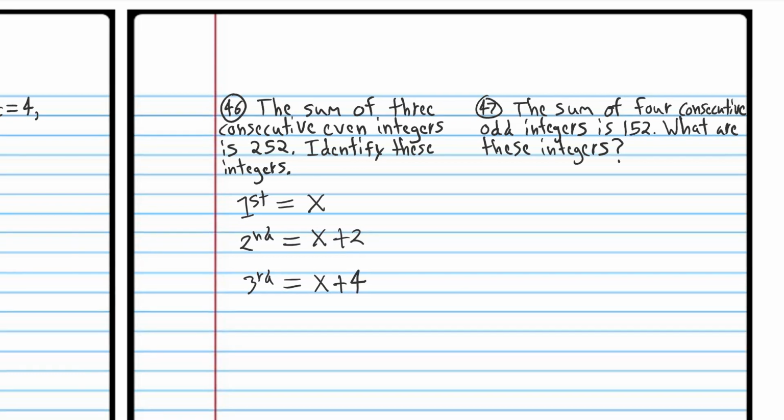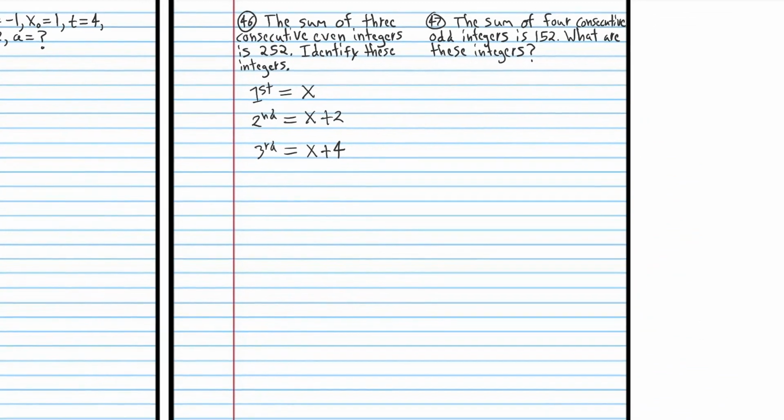All right, so now we can develop an algebraic expression that is going to help us solve this problem. The problem tells us that if we add up those numbers, x plus (x plus 2) plus (x plus 4), that sum has to equal 252. That's what this problem is telling us.